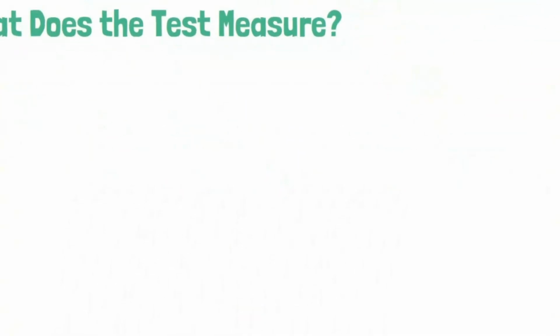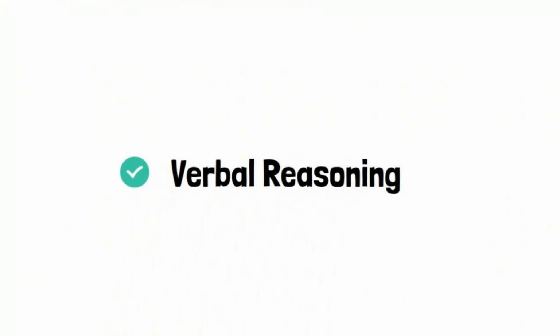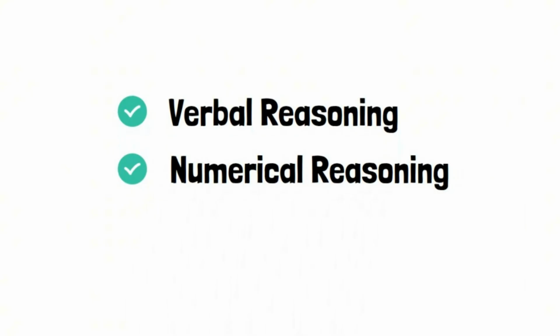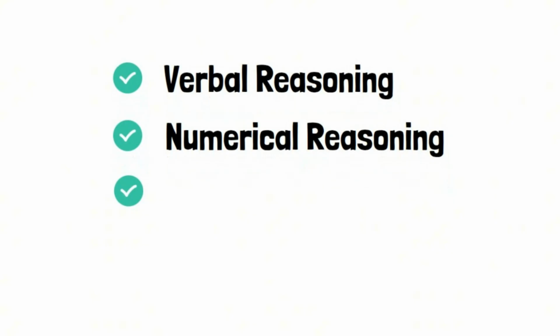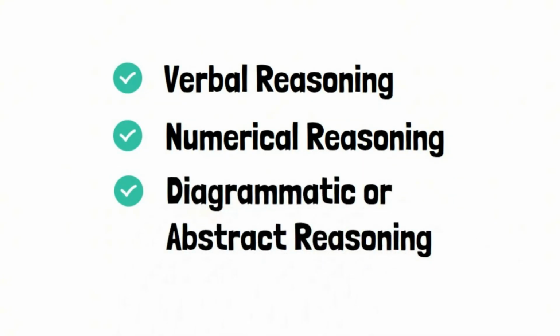The test evaluates 3 key areas: verbal reasoning, how well you understand, interpret, and analyze written information; numerical reasoning, your ability to work with numbers, data, and financial information; diagrammatic or abstract reasoning, your skill in identifying patterns and solving problems with visual information. Each section has very tight time limits, with as little as 6 to 8 minutes per module. That's why speed and accuracy are both critical.